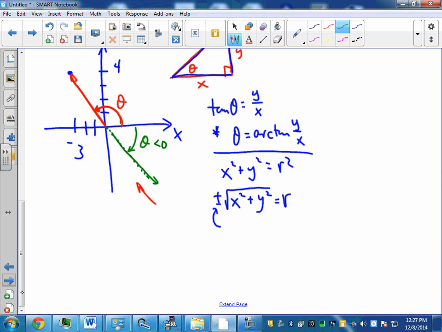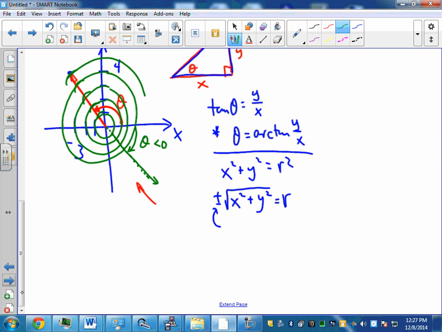You would have to be backing up, if you will, backing up those required number of steps to get up to that point. Okay, again, here's my little unit circle. There's a circle of radius 2, a circle of radius 3. You can imagine there's a circle of radius 4, and this one up here is on this next circle. I guess I'm a little crowded down here, but you get the idea.